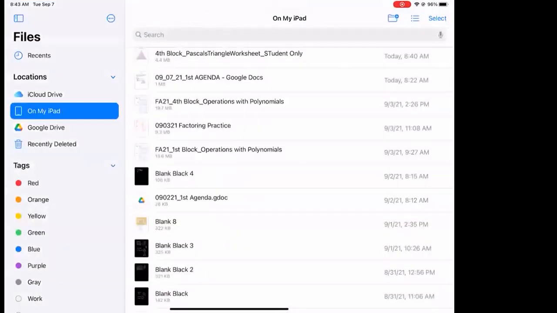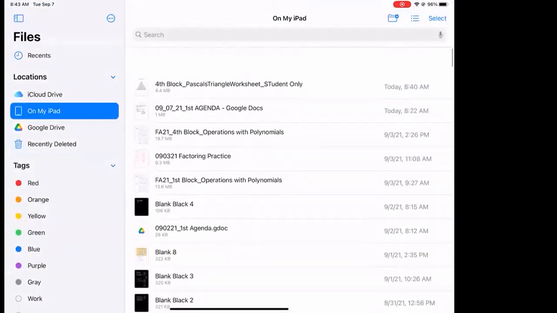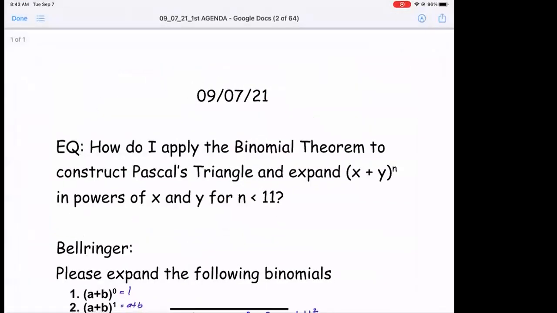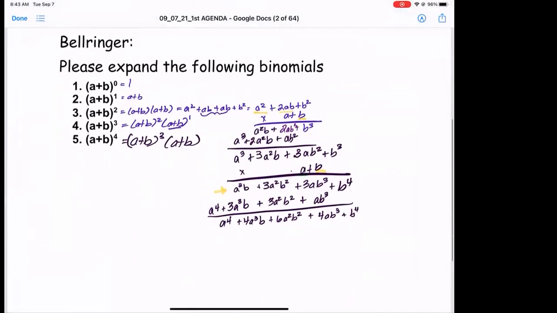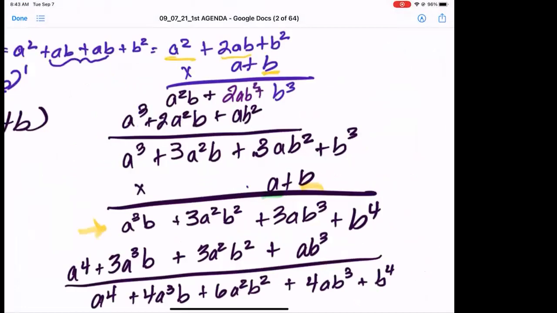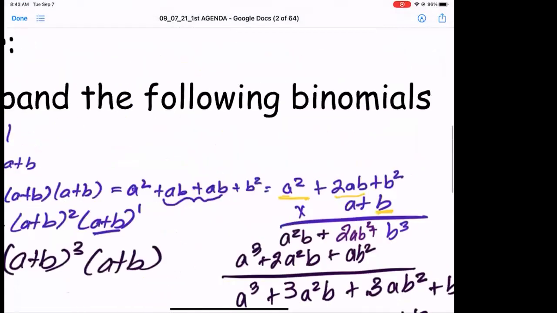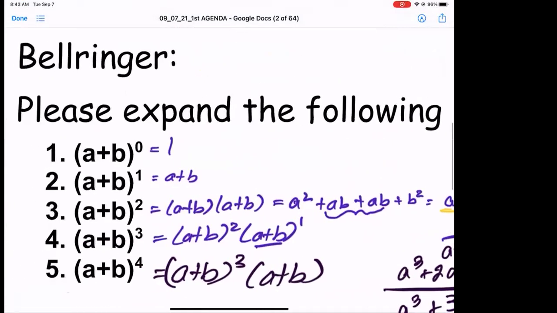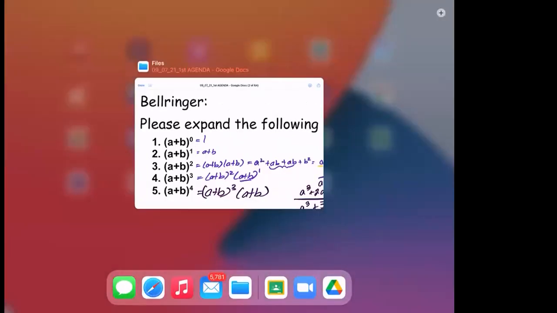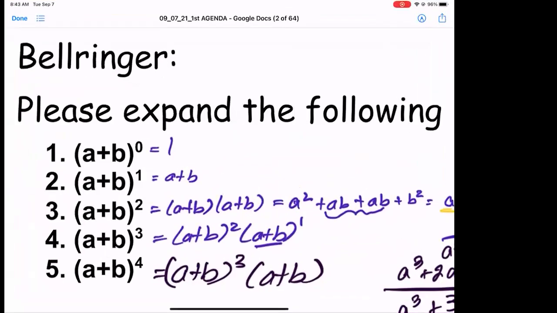So if we go back to our bell ringer and we look at it, and have your Pascal's triangle handy. On the top row, what is the single number on the Pascal's triangle? 1. So that means that our rows are labeled in this manner.